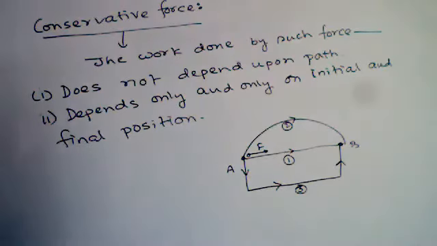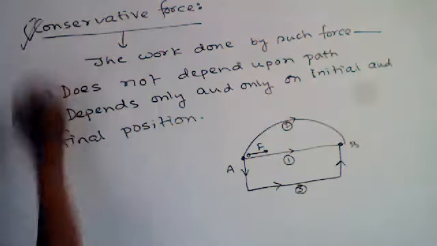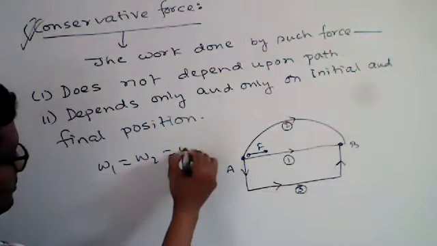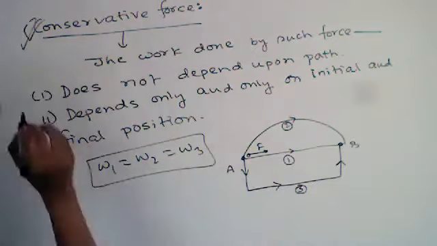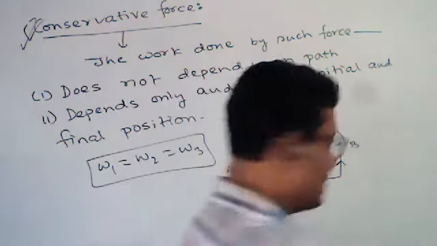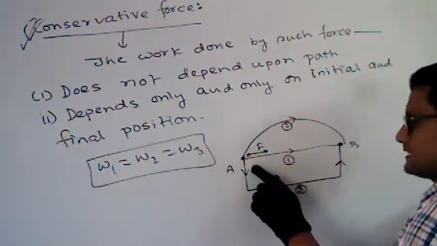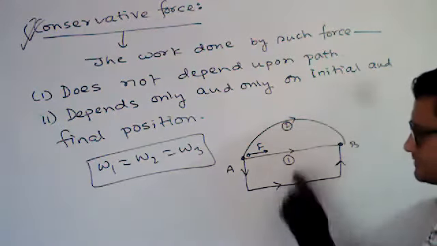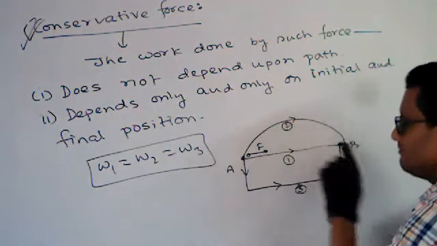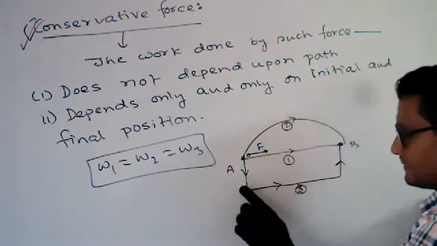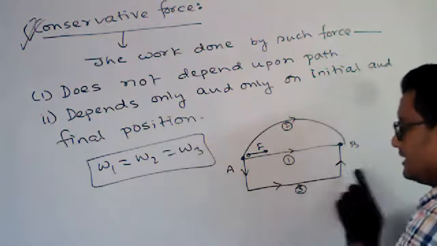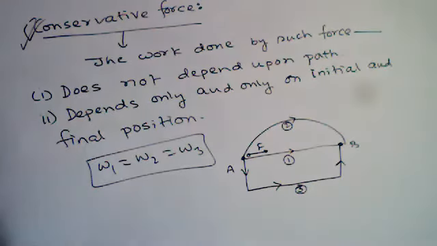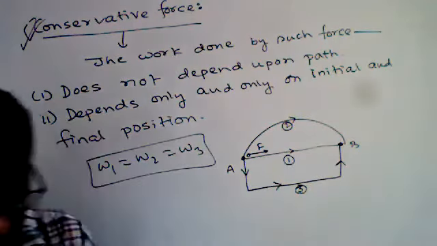So the work done according to the conservative force, W1 equals W2 equals W3. Because for path number 1, initial point A, final point B. For path number 2, initial point A, final point B. For path number 3, initial point A and final point B. In all 3 cases, the initial and final points are the same.